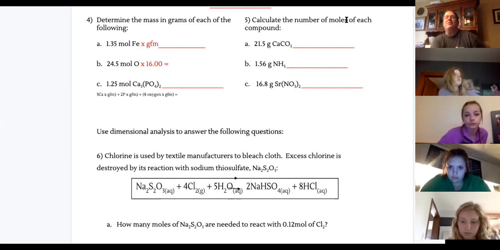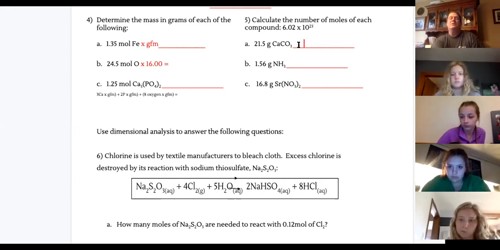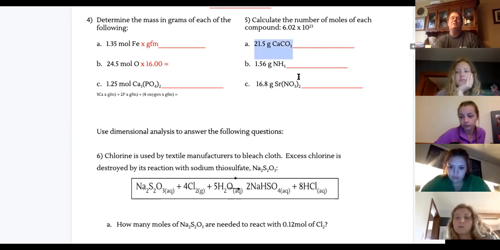Now you're trying to figure out number of moles of each compound. So just remember that 1 mole of anything is 6.02 times 10 to the 23rd. So it's going to be a 2-step problem. First, you have to change that to moles.